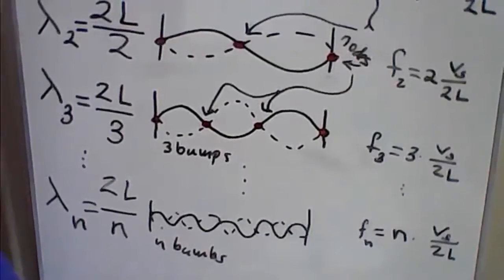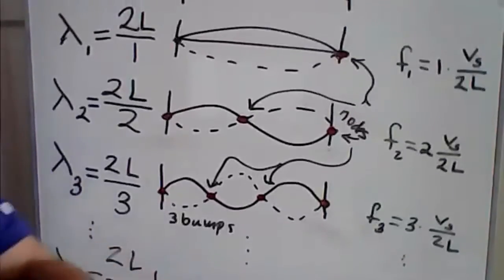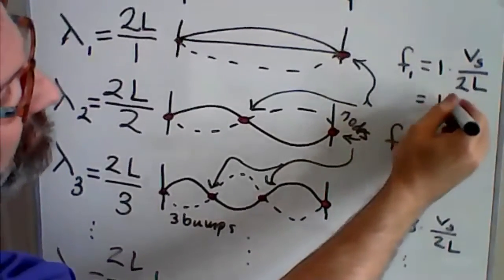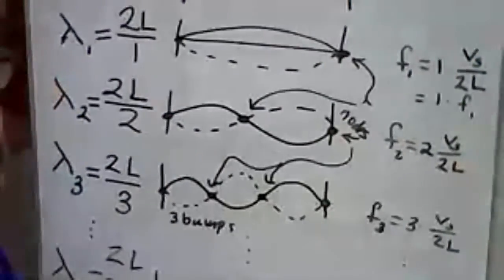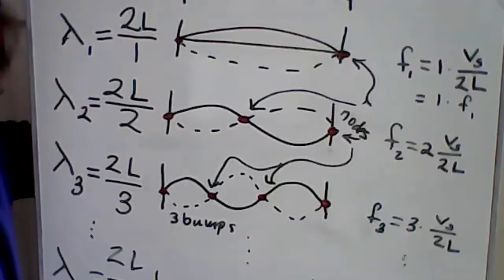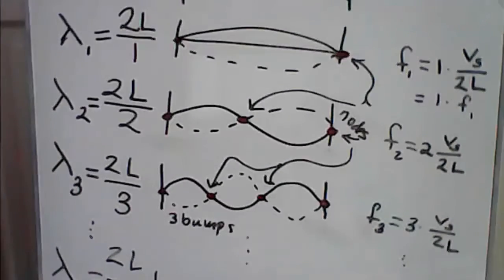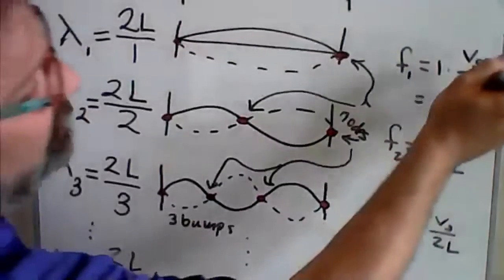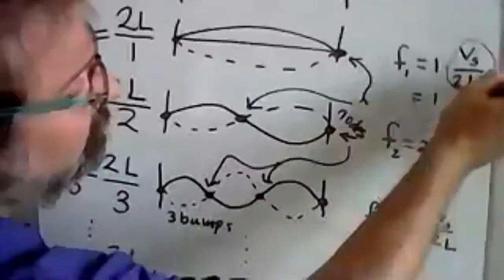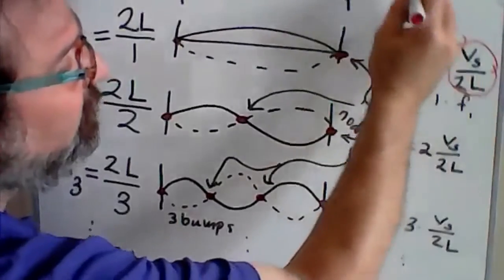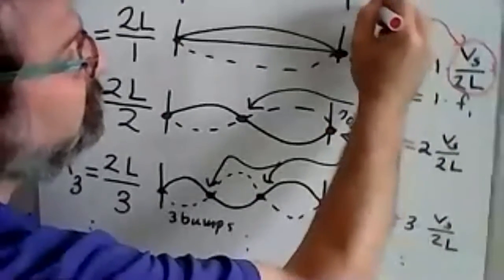Okay, so I've got it kind of covered up by my hand. So what we really have here, I'm going to write it like this. That seems kind of dumb, but that's true, right? F1 is 1 times F1, where F1, the first frequency, this one, we call this the fundamental.